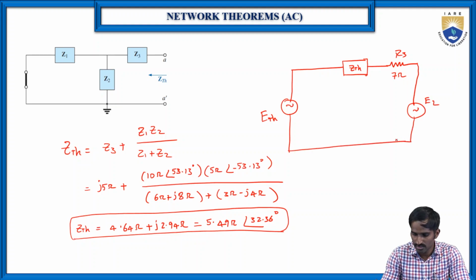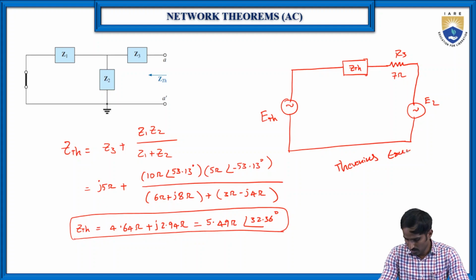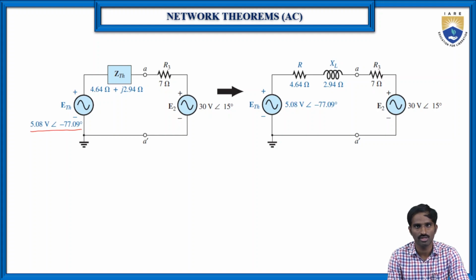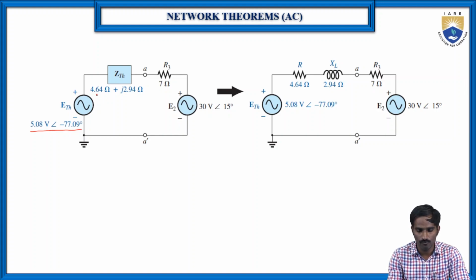This is now the Thevenin's equivalent circuit. So now let us substitute the values. E Thevenin's, which we just calculated, is 5.08 volts at an angle of minus 77.09 degrees. Similarly, the Z Thevenin's value is 4.64 ohms plus j2.94 ohms, and the R3 value, the load resistance, is 7 ohms.